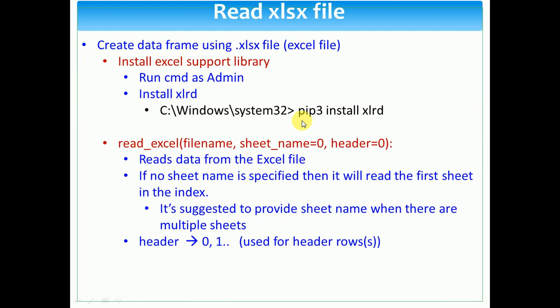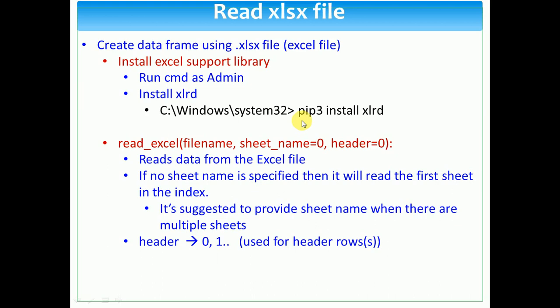The function that we will use to interact with the Excel file is read_excel. It takes various parameters. Some important parameters are, first, the file name. Obviously you need to give the file name from where you want to read the data. Then comes the sheet name. If you do not give a sheet name, then the first sheet in the index will be read.